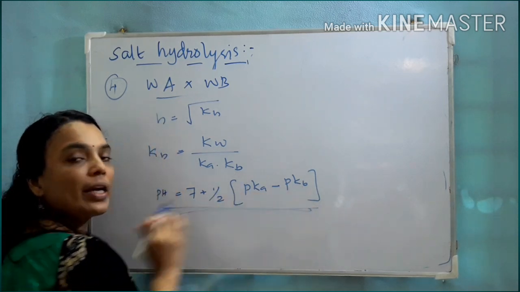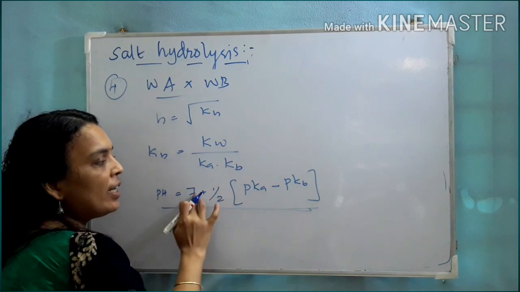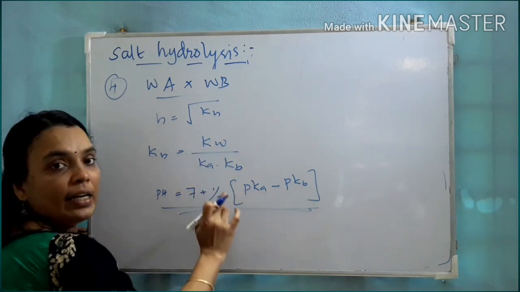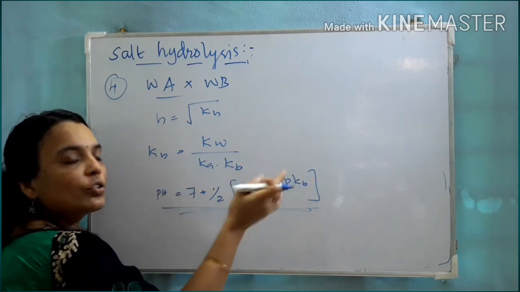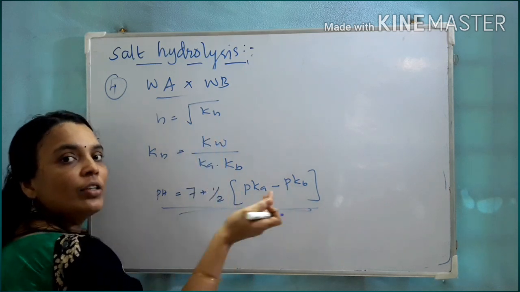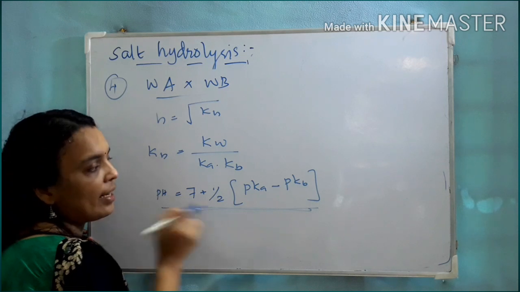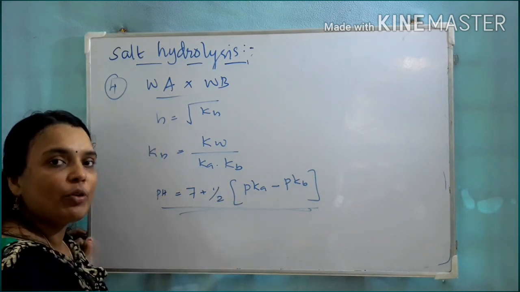If pKa and pKb are equal, the solution becomes neutral. If pKa is higher, pH is more than 7, so the solution becomes basic. If pKb is higher, pH is less than 7, so the solution becomes acidic. Ka value increases, pKa value decreases.